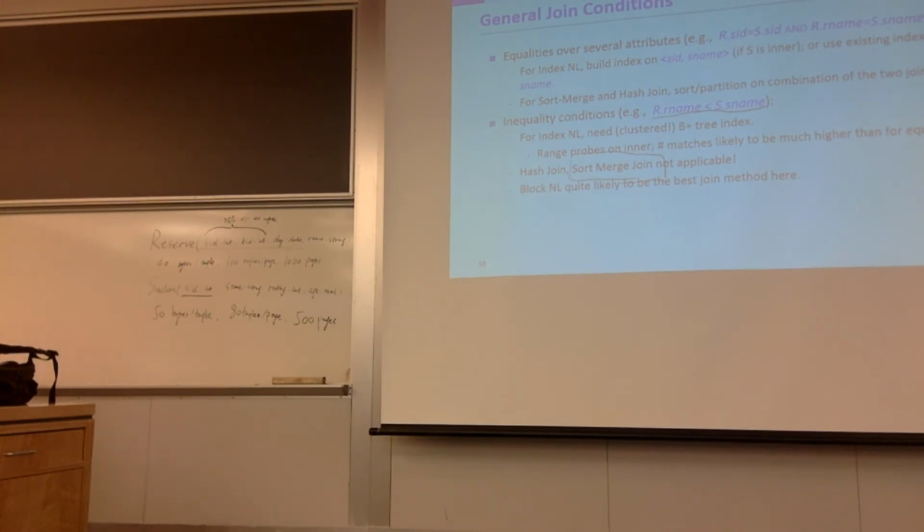And also, in a really expensive join, like an almost Cartesian product, the best choice is basically block nested loop. It's not necessary in the sense of complexity.